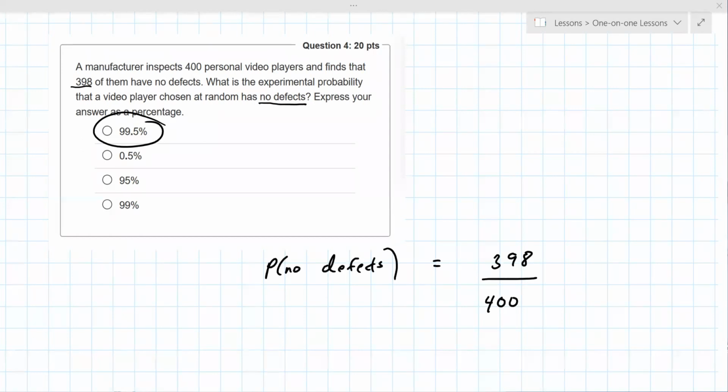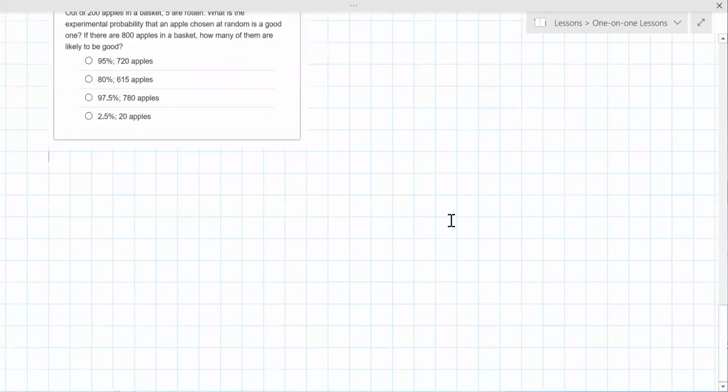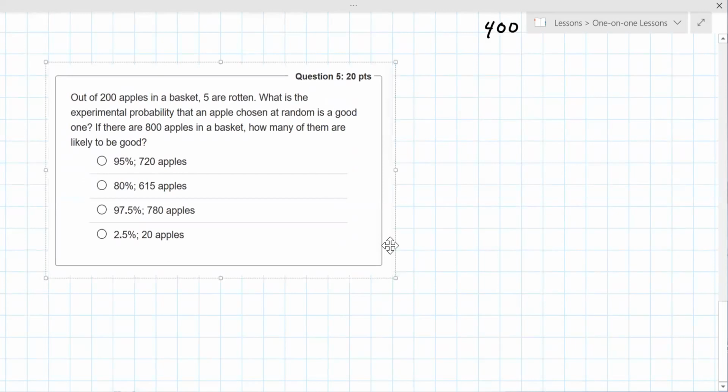All right. These are story problems. They're a little more difficult, but they are necessary for understanding how to calculate these certain things. Okay, it says that out of 200 apples in a basket, 5 are rotten. What is the experimental probability that an apple chosen at random is a good one? So how many are good out of the 200? Sometimes you draw a tree here: good and bad.